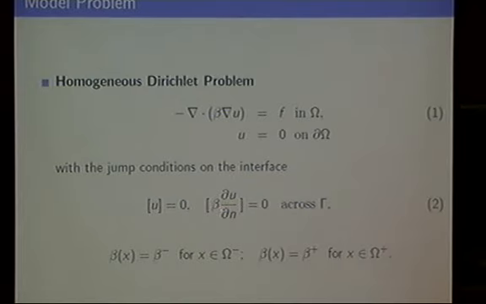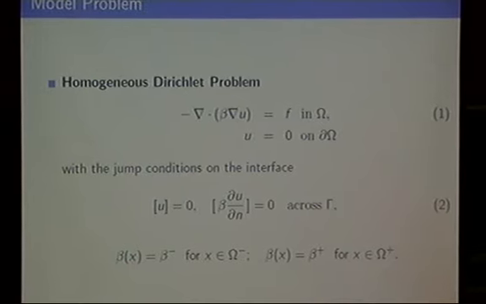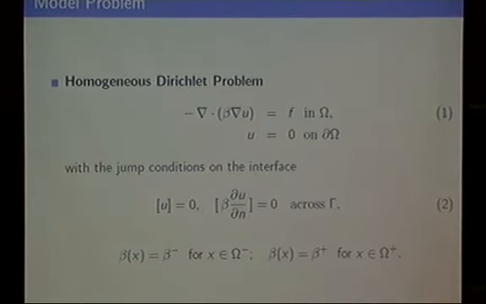This is called the conormal derivative or whatever. And here beta is usually the physical number that represents the conductivity or permeability of some material. So across the interface, beta is discontinuous.